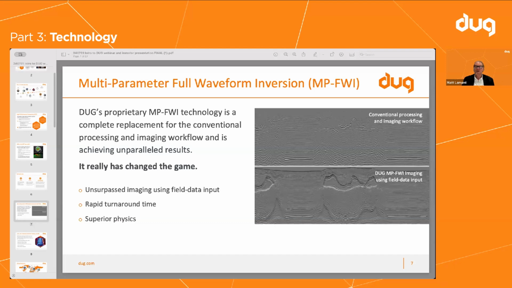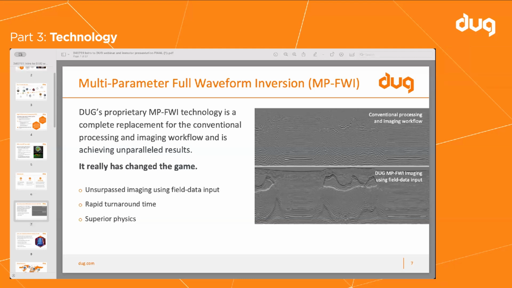We do have MPFWI projects there. We have other clients elsewhere, Gulf of Mexico and other places where it's just MPFWI now. But as a percentage of our revenue, it's probably not that high just yet. Maybe it's 20-25%. But you know, it'll go up, but conventional is going up as well.